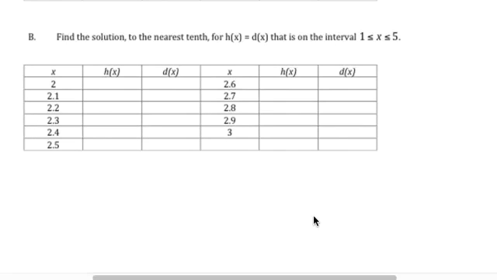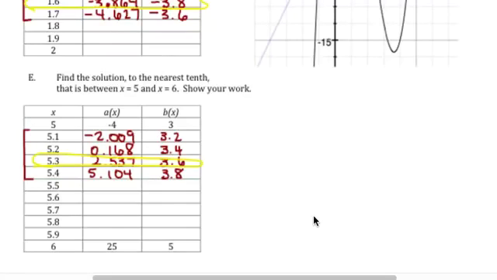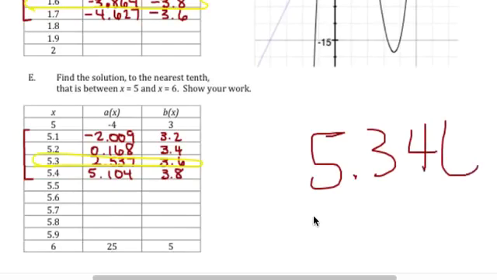In case you're curious, the actual answer here is 5.346. So if you did take the 5.3 and did 5.31, 32, 33, 34, you would have seen that they got closer at 5.34.